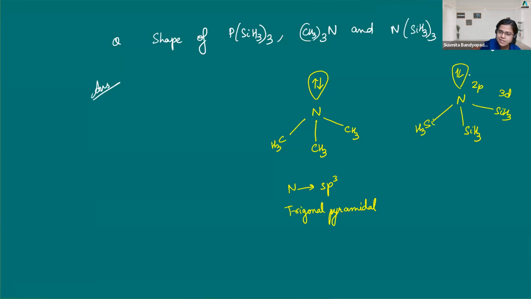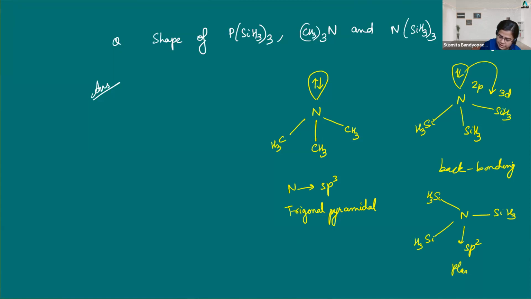So it's no longer present in a hybrid orbital. Back bonding is seen here. As a result of this, the structure should not be like this. The lone pair is not available on nitrogen; it's present in the vacant orbitals of the silicon atoms. It's sp2 and planar, yes.